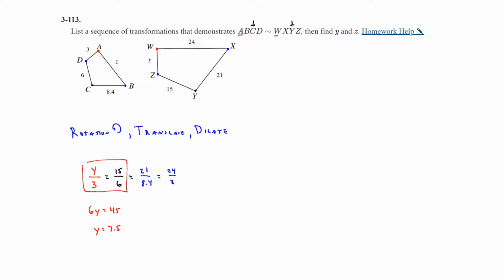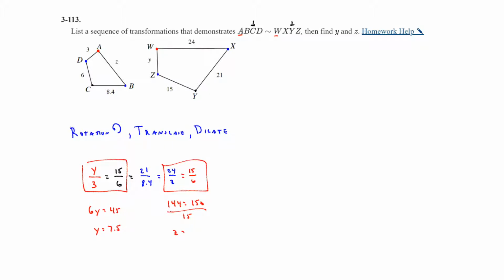Then we can go ahead and use the 15 over 6 again for this one. You could use the 21 over 8.4, but with the decimal, I'm just going to do it this way. So when we multiply, we get 24 times 6, and that's 144. And that's equal to 15z. Divide by 15.